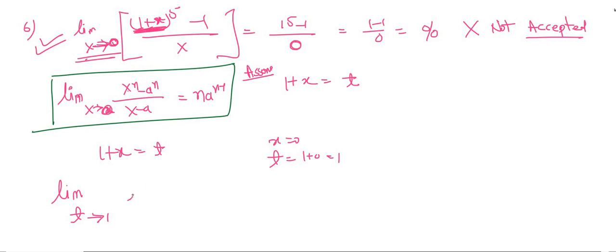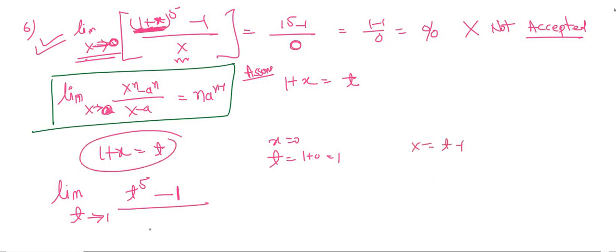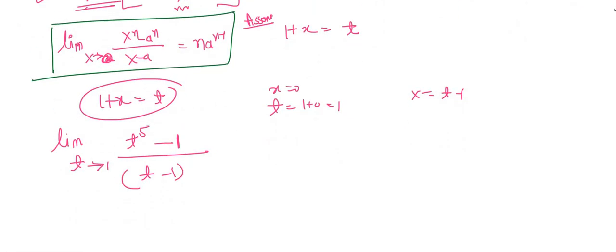1 plus x became t, so t raised to power 5 minus 1, 1 is not changing. And what is x now? Because we have to replace x by t, x will be t minus 1. Let me write t minus 1. Don't you feel this is exactly matching this formula? Instead of x we have t, that's all.